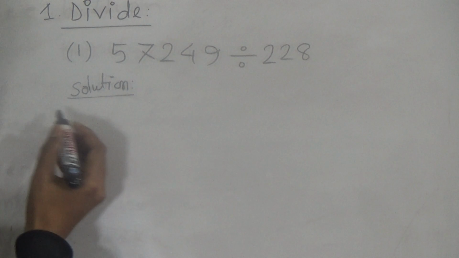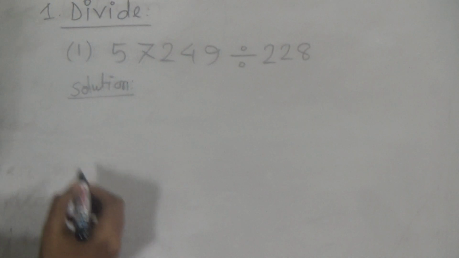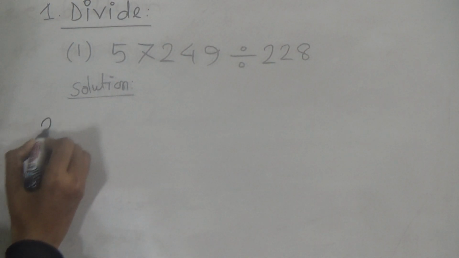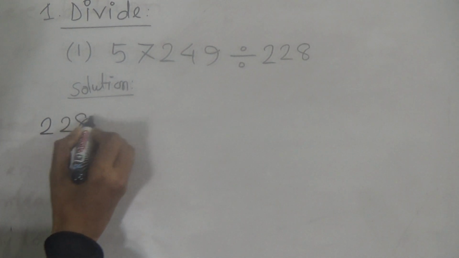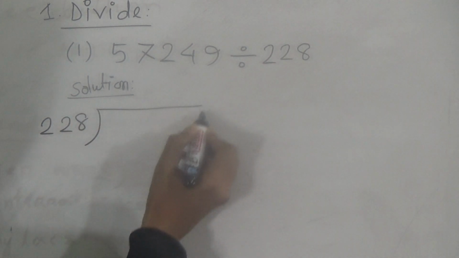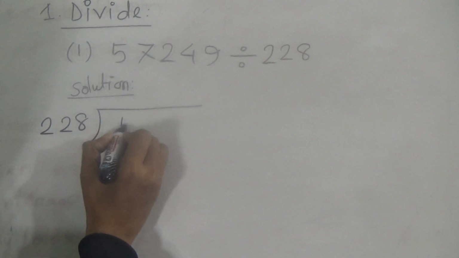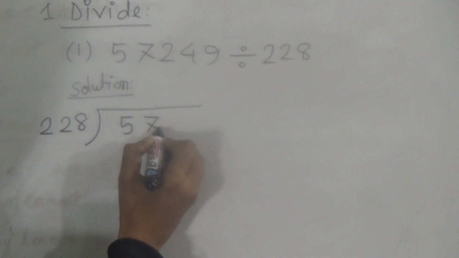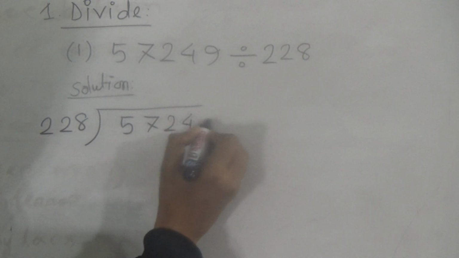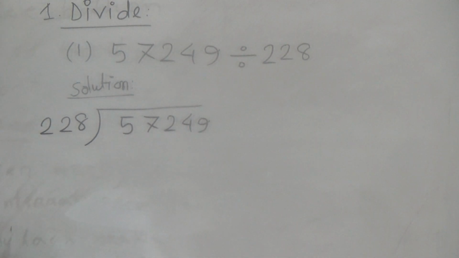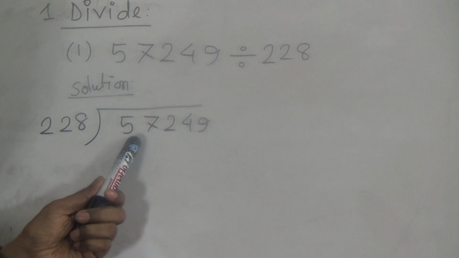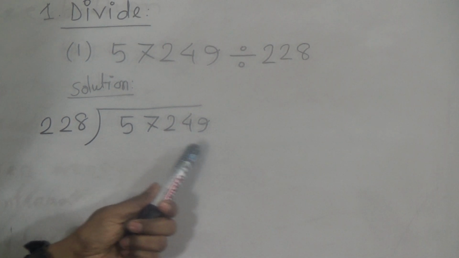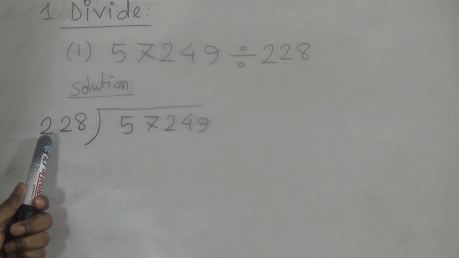Look, you have to write it this way, according to your book: 228, 57,249. Okay student, look, the dividend is 57,249 and the divisor is 228.